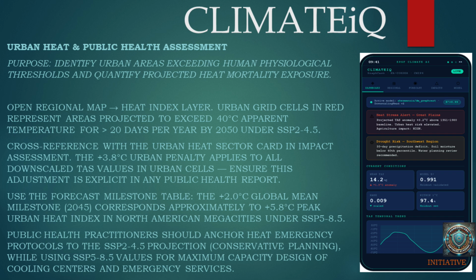For public health practitioners, anchor heat emergency protocols to the SSP 2-4.5 projection, which indicates conservative planning, while using the SSP 5-8.5 values for maximum capacity design of cooling centers and emergency services, respectively.